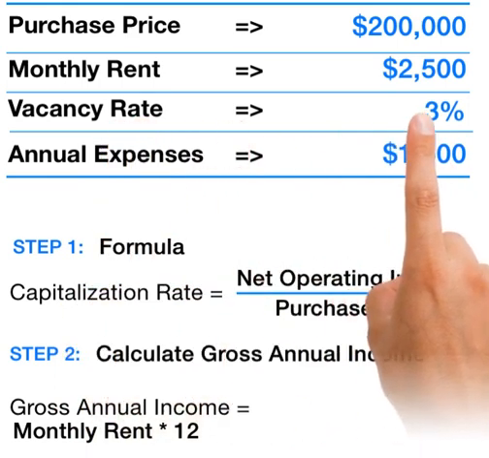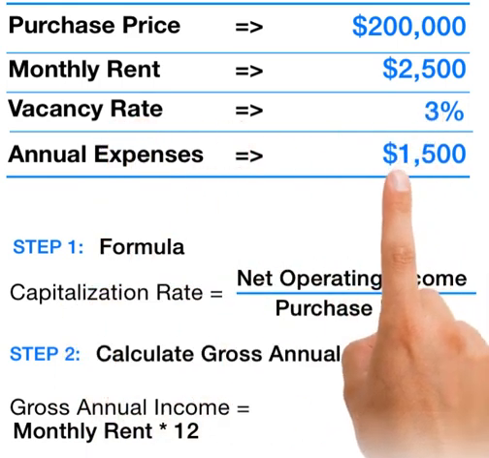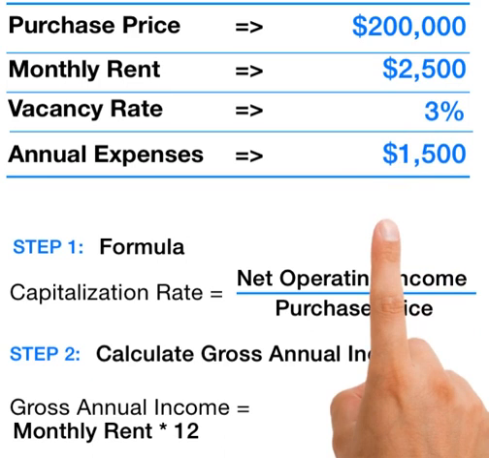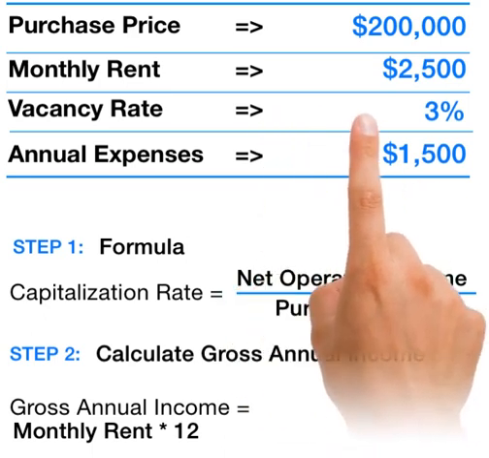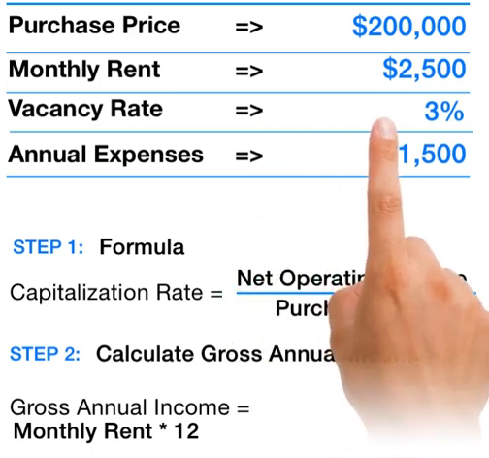The vacancy rate is essentially the time during the year that you expect the property to be unoccupied, meaning you will not be collecting income during that time for different reasons. Let's say tenants are moving, but it's a good way to come up with an accurate representation of what your income will be.